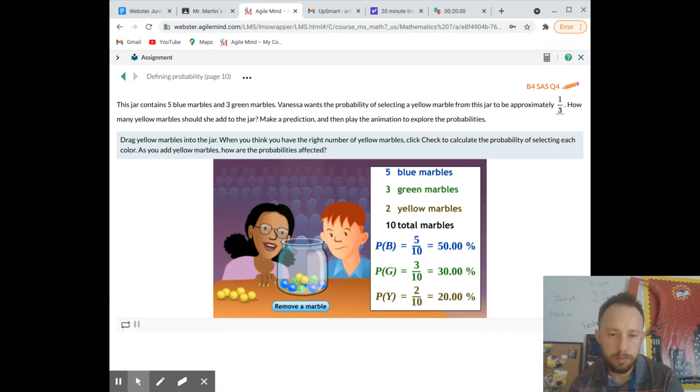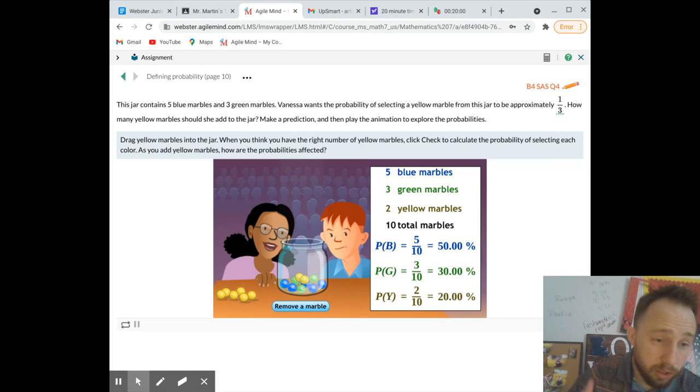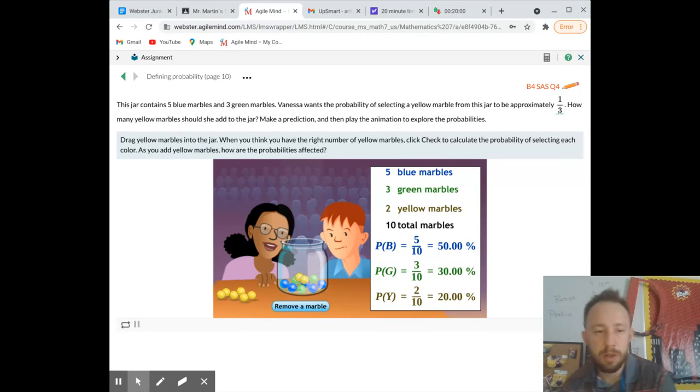That it will land on A, B, or C. Correct. It's either going to land on blue, green, or yellow. That's 100% certain. Well, what's something that is impossible? To not land on one. Yeah, not landing on one of those. It has to land on one. That is correct.